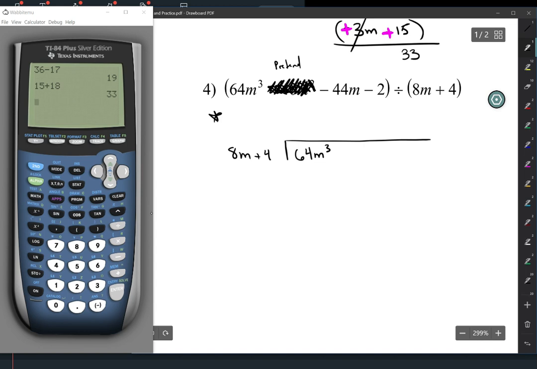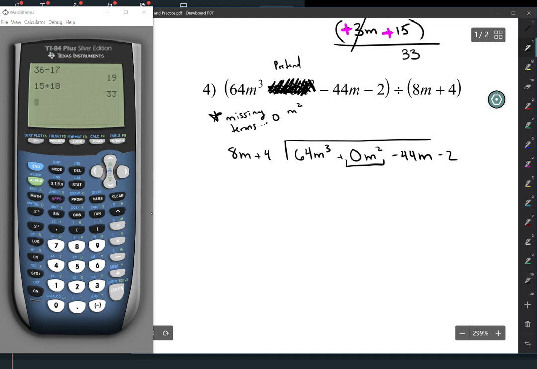Now, in that spot should be an m squared, but there's not. So you want to fill in any m squareds with a 0. If you're missing a term, you need to put in a filling. So missing terms, you need to put in 0. Then we'd have minus 44m minus 2.